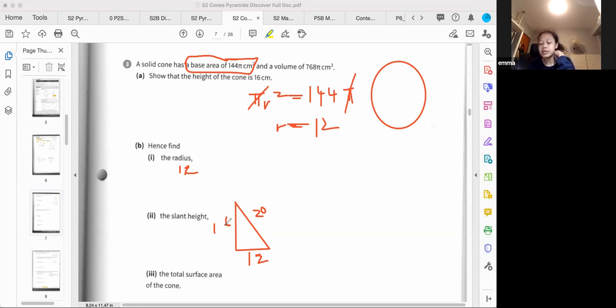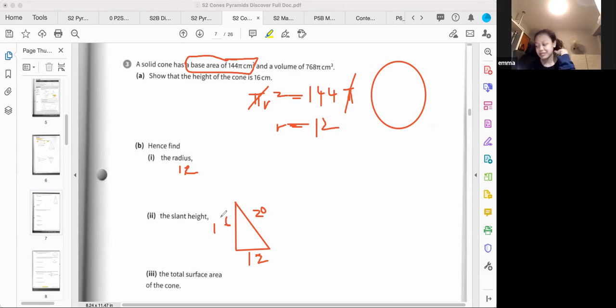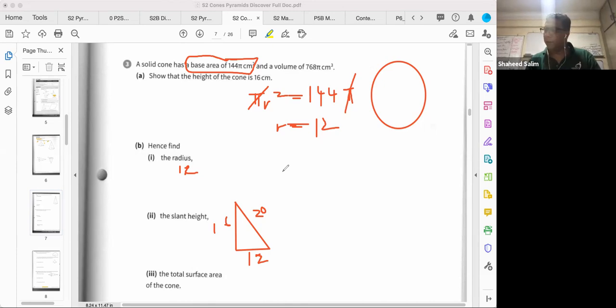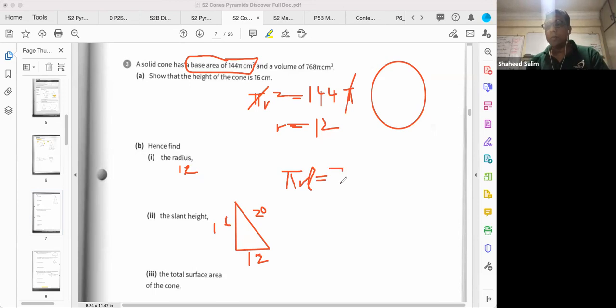1960.4. Very big, huh? Okay. You took pi r l, right? What do you get? 754. Good. And then what about the base area? Did you take 144 times pi? Then you add them together.